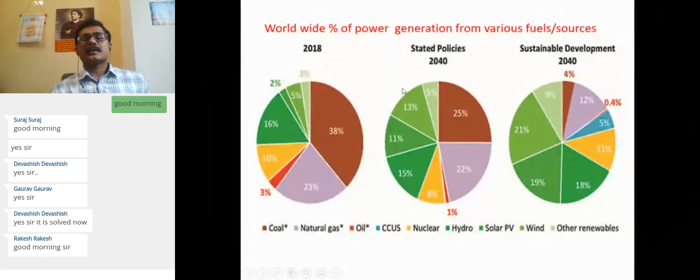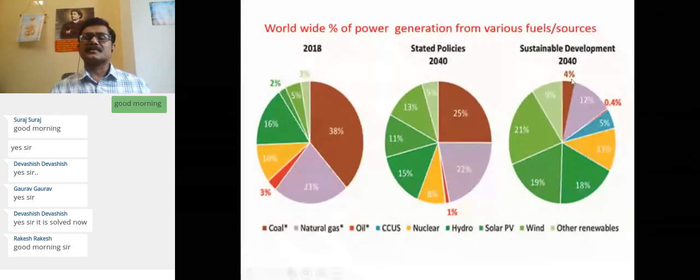So one can see the potential that the renewable forms of energy have. It's a stated policy, targeting sustainable development, to satisfy your requirements at that time. One can see a further downward trend for coal, from 25% to a meager amount of 4%.